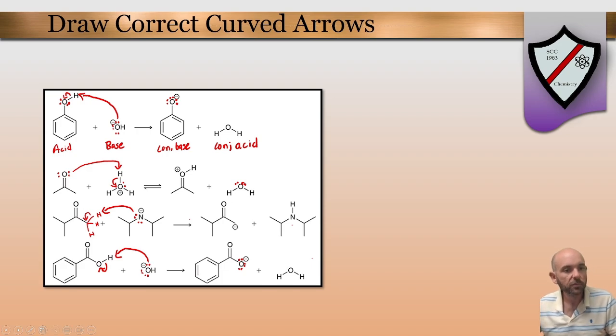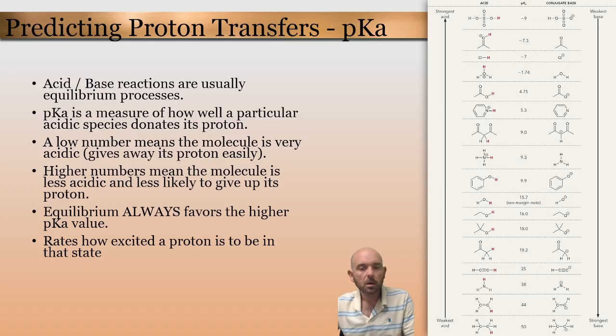One of the things we're going to learn about acid-base reactions is that more often than not, acid-base reactions are equilibrium processes, meaning they can go both in the forward and the reverse direction. And we try to always keep in mind that equilibrium processes are dynamic.